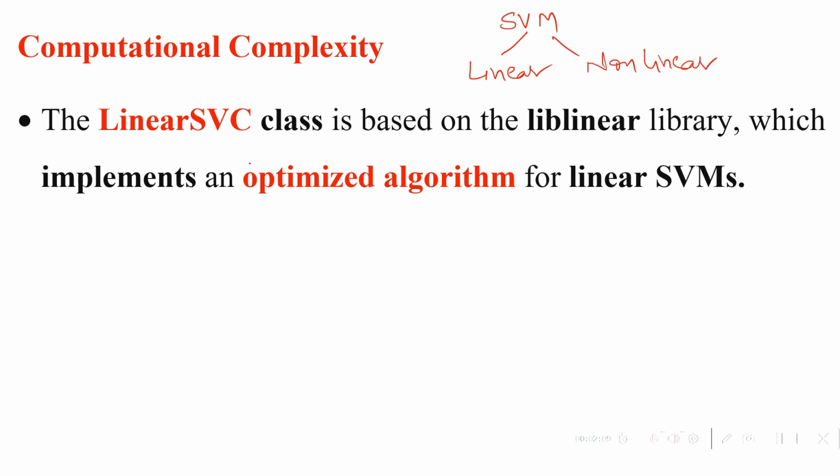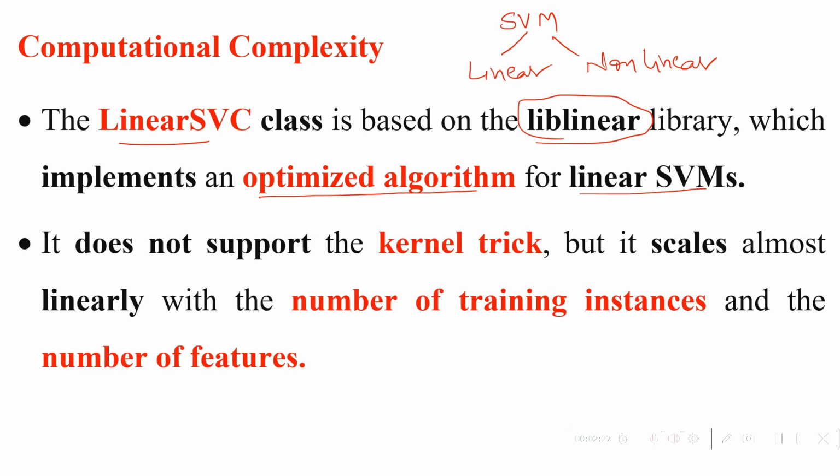The LinearSVC class is based on the liblinear library available in scikit-learn, which implements an optimized algorithm for linear SVM classification. It does not support the kernel trick, so it works directly on the optimized algorithm.